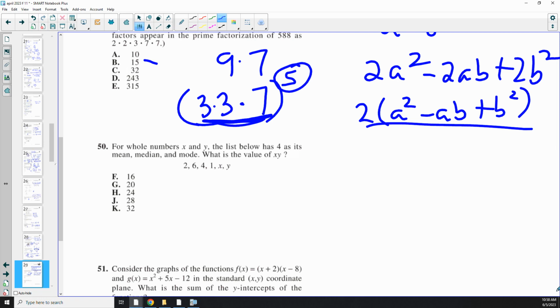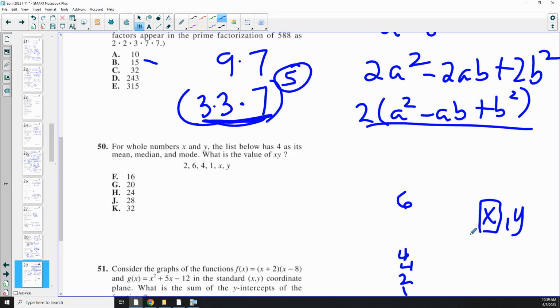If 4 is to be the, let's see, we've got a 1, 2, a 4, and a 6, and an x and a y. If 4 is going to be the mean, median, and mode, there's got to be a 4 in the list. It might be x, has to be a 4.